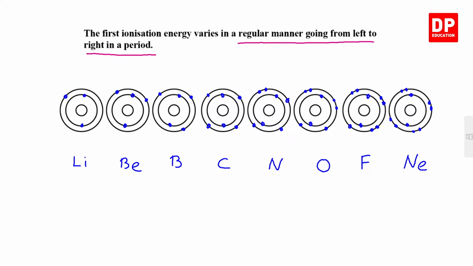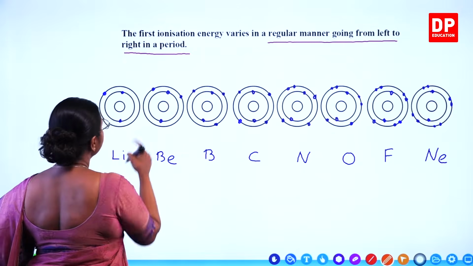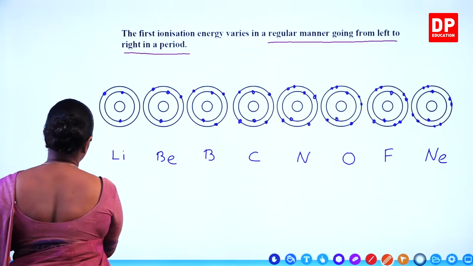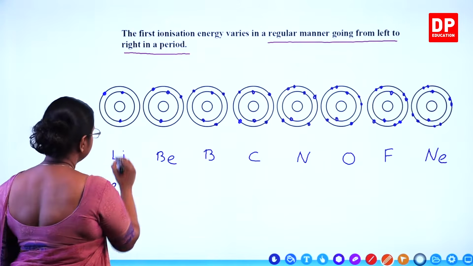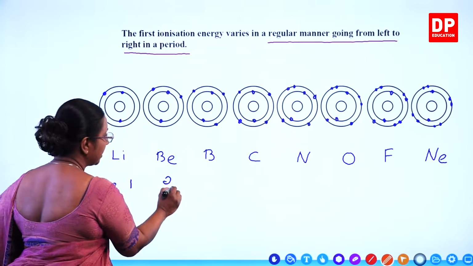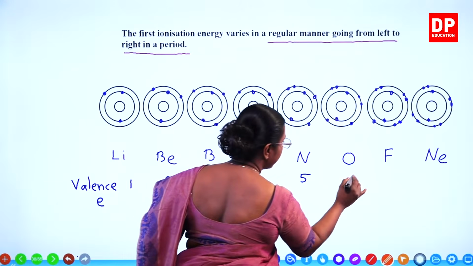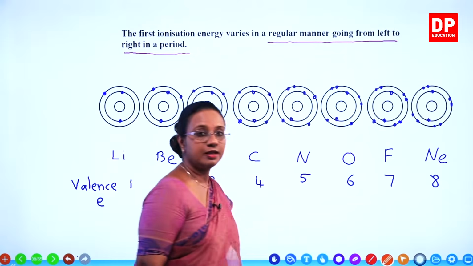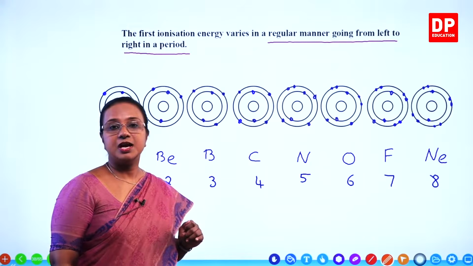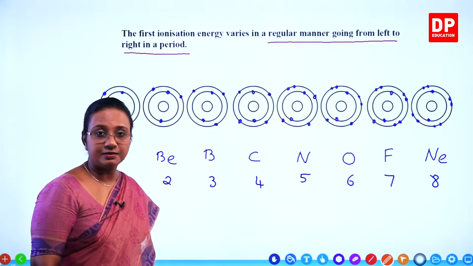So, if I summarize, you can see the number of valence electrons: lithium has 1, beryllium has 2, boron has 3, carbon 4, nitrogen 5, oxygen 6, fluorine 7, and neon 8. At the same time, you know that the atomic numbers are increasing.